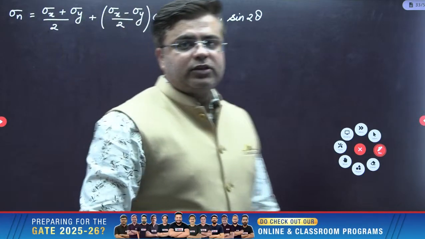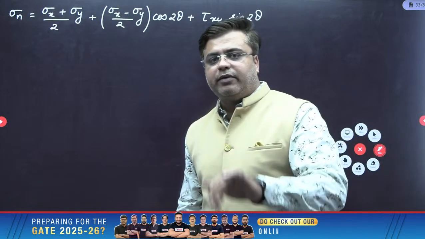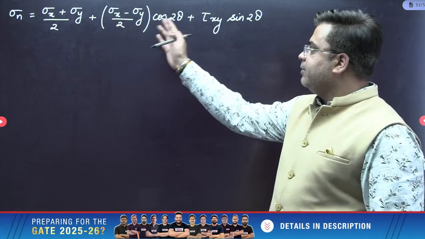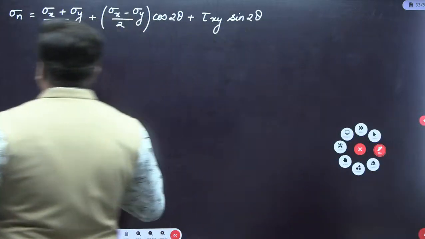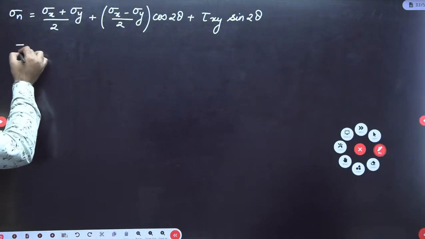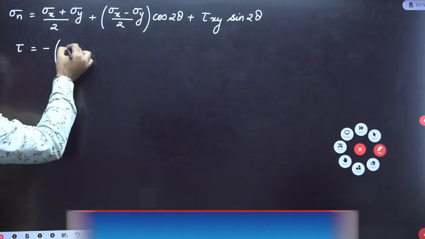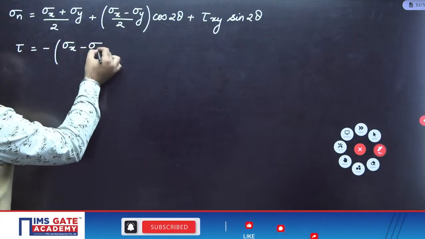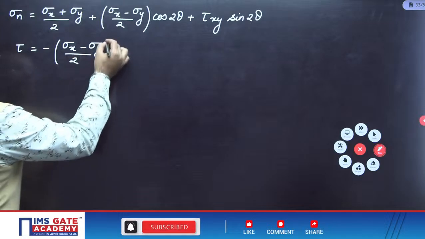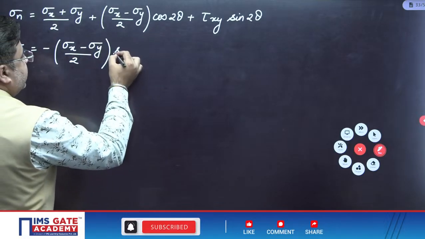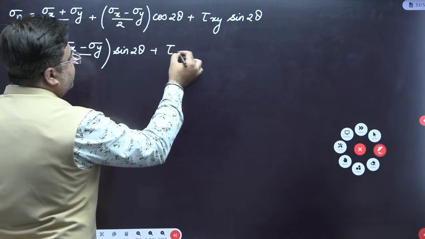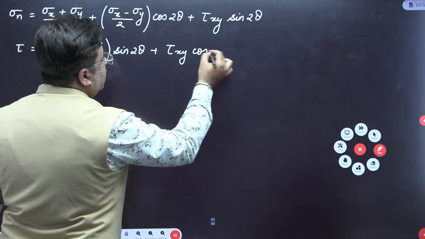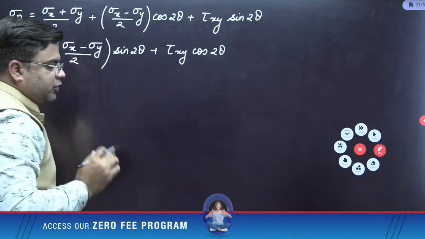Similarly, shear stress on the oblique plane is equal to minus of (sigma x minus sigma y) by 2 into sin 2 theta plus tau xy cos 2 theta. So these are your normal stress and shear stress on the oblique plane.